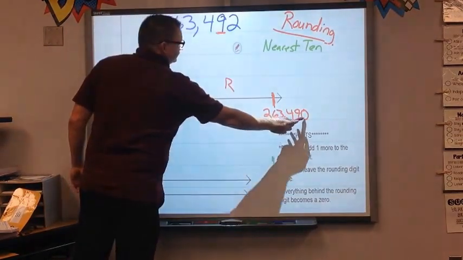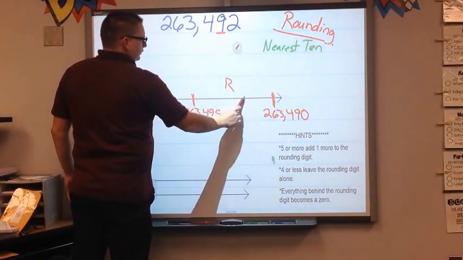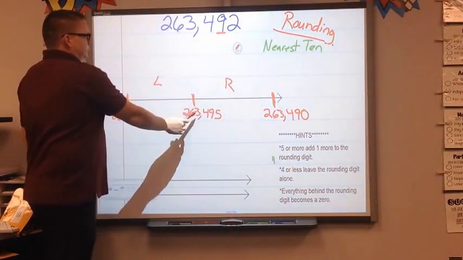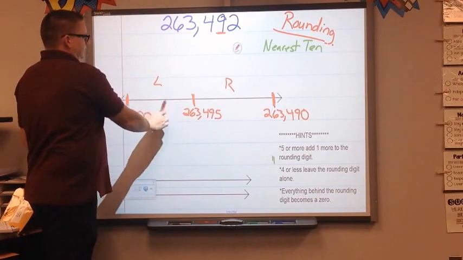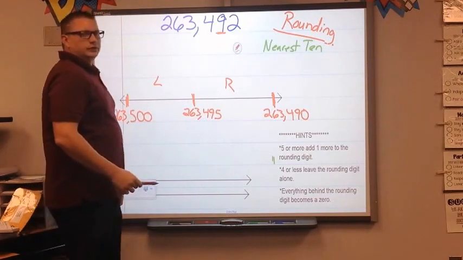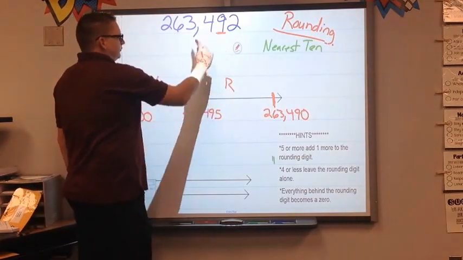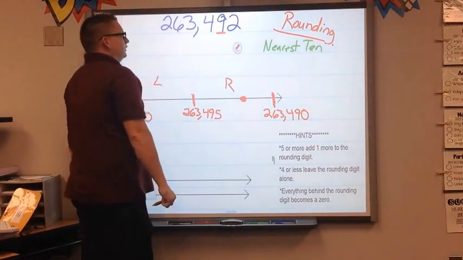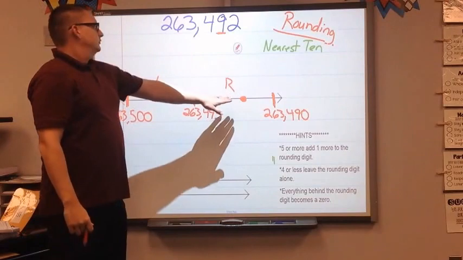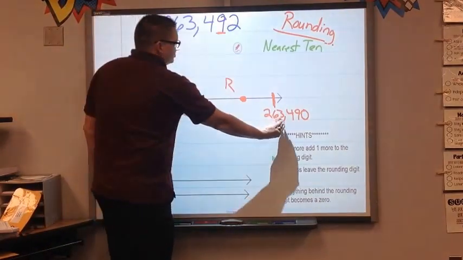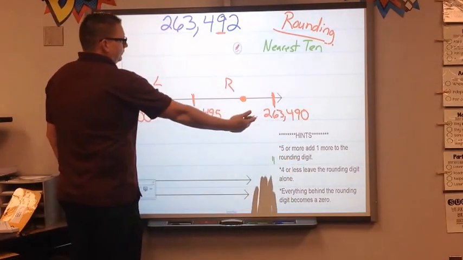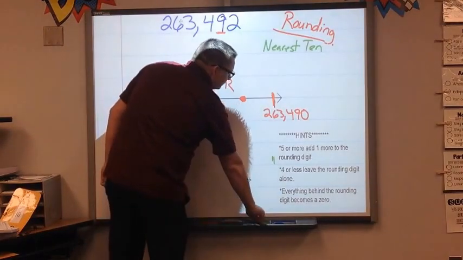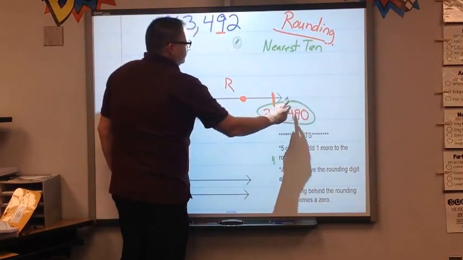Would 492 go in between here, or would that 492 go past the 495 right here? Okay. And I think we all can see that it would definitely go somewhere right on here, right? All right. So if it goes right there, is it closer? Which endpoint is it closer to? Okay. And I think we can all tell that it's closer to this endpoint right here.